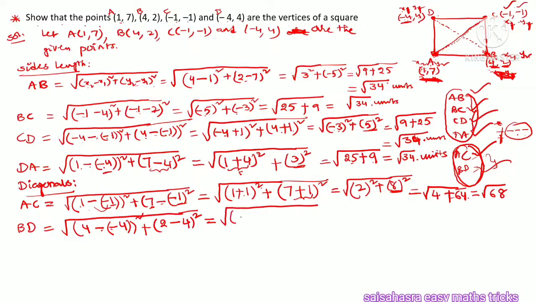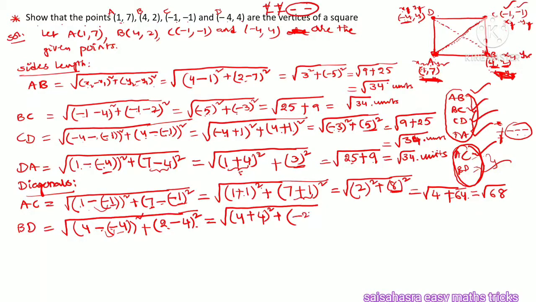Next step, 4 minus it minus is plus. Again what is there? 4 is there. Square plus 2 minus 4. 2 minus 4 means 2 plus 2 minus 4. 1, 2, 3, 4 minus symbols. 1 plus minus cancelled, minus 2 is left.